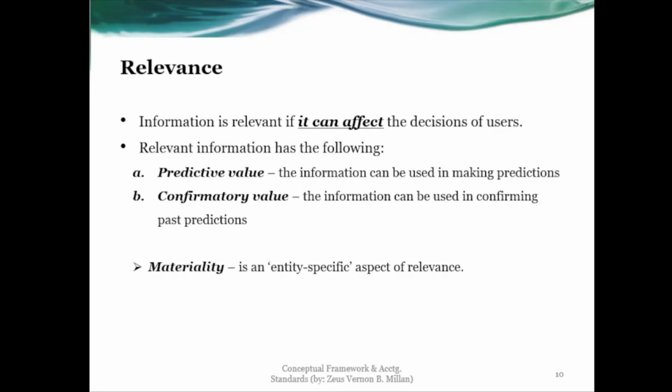So that is when you can say that information is relevant. Now, relevant information has either a predictive value or a confirmatory value. When we say predictive value, from the name itself, predictive, meaning the information can be used in making predictions. Confirmatory, the information can be used in confirming past predictions. So that is relevance.